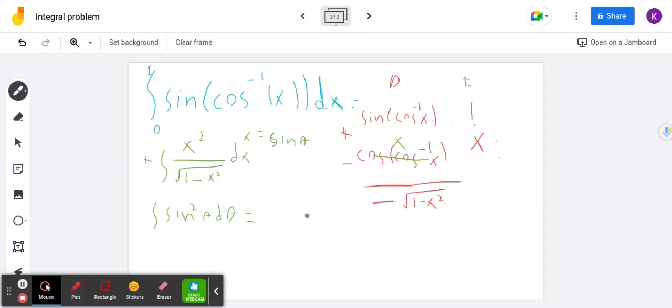So this is basically the integral of 1/2 minus cosine of 2 theta over 2 d theta.